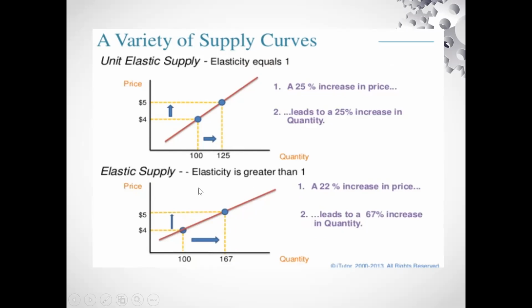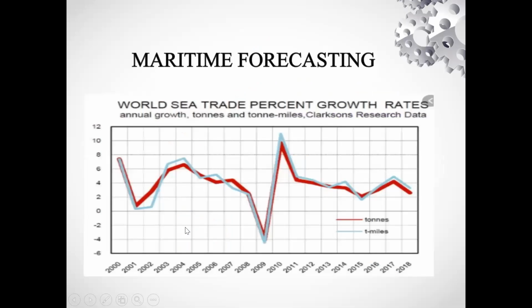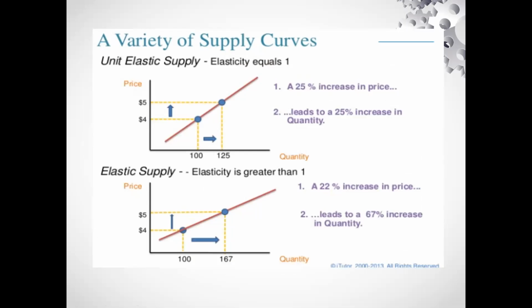But in the case of elastic supply, for example, a 22% increase in price leads to a 67% increase in quantity. There is a much bigger difference here. If you see the distance, from 100 to 167, it is a little bit bigger in the case of elastic. There is a much larger difference in price and quantity supplied.